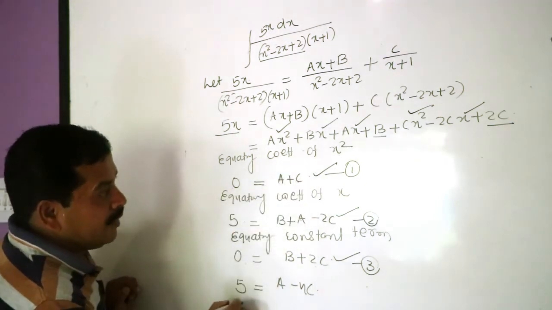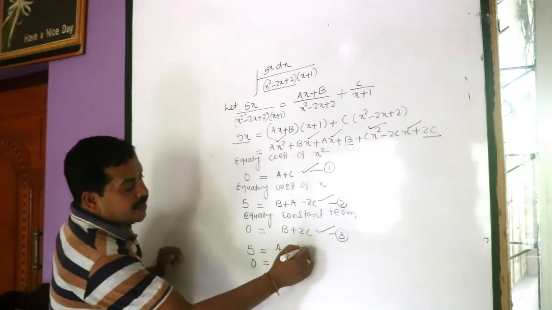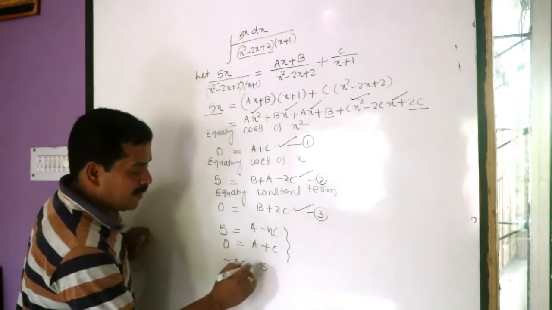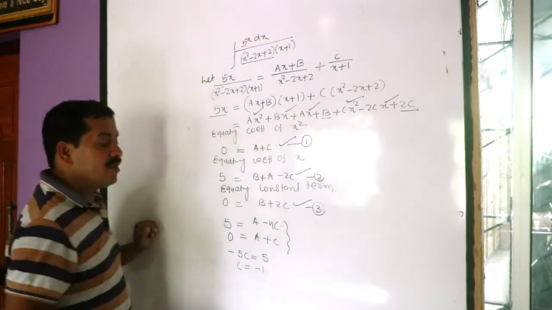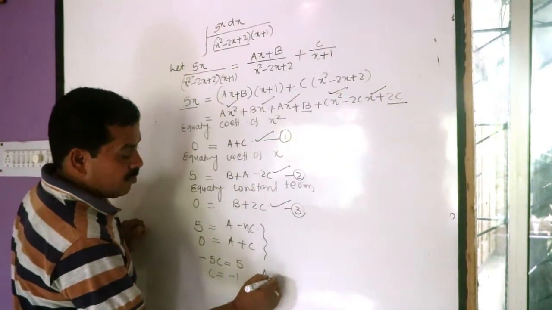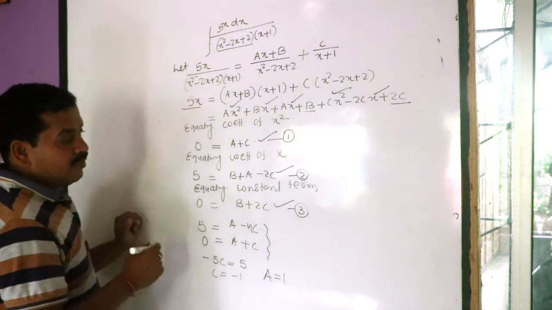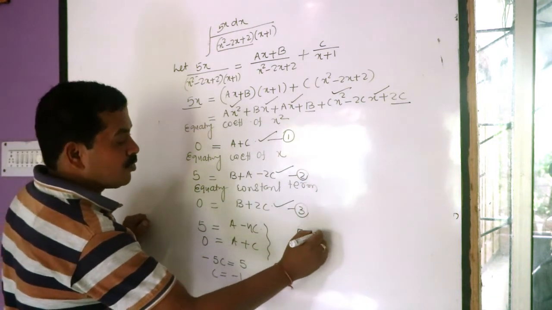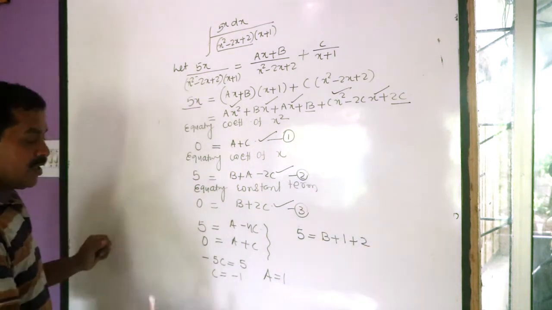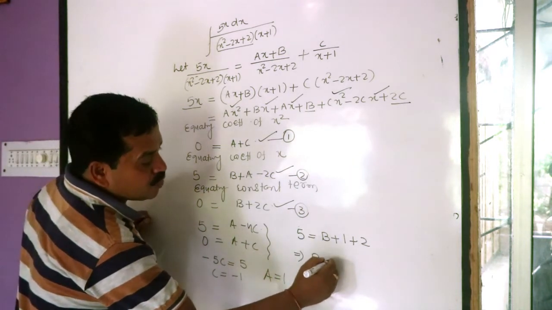Already we have 0 equals a plus c. Now subtracting these two equations, minus 5c equals 5, that is c equals minus 1. If c equals minus 1, then a equals 1. If a equals 1, then 5 equals b plus 1 plus 2, because c is minus 1, that is b equals 2.